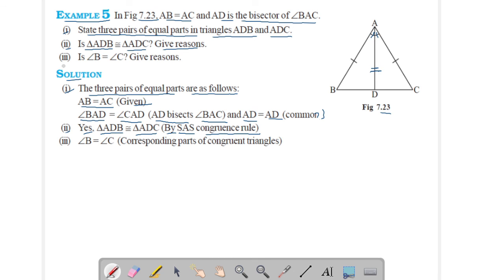Now third part is angle B equal to angle C. Give reason. See the solution. Angle B equal to angle C. Why are they equal? Corresponding parts of congruent triangles. If two triangles are congruent, then we can say that their corresponding parts are equal.